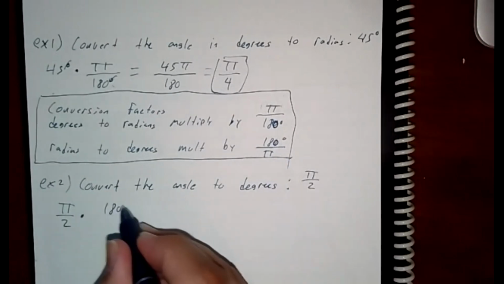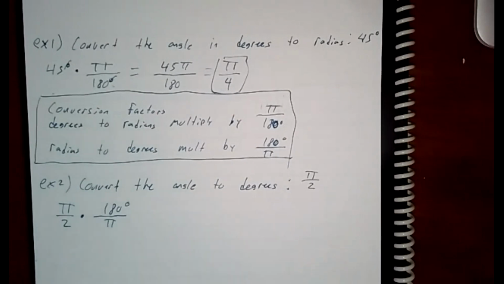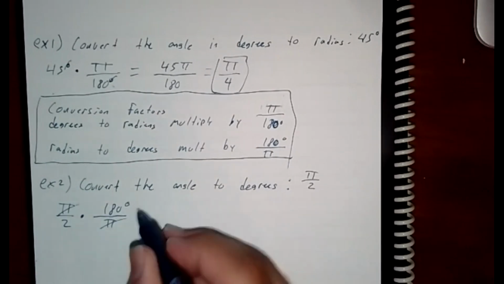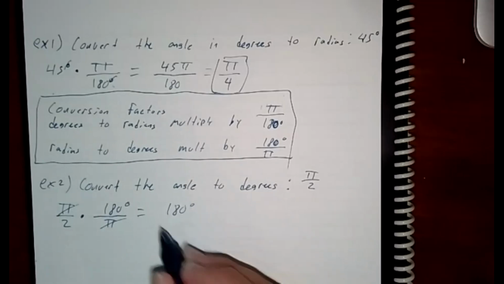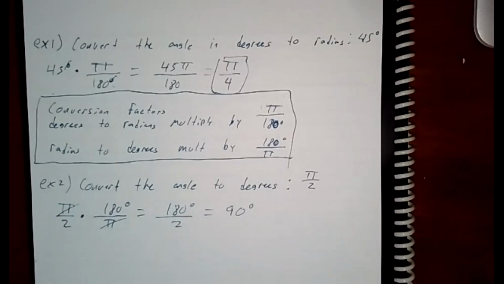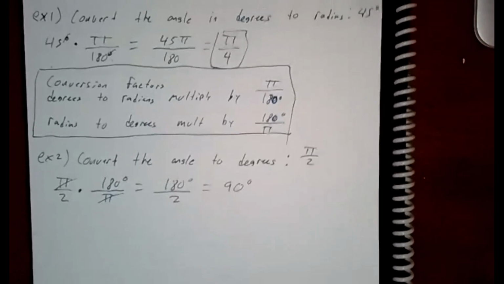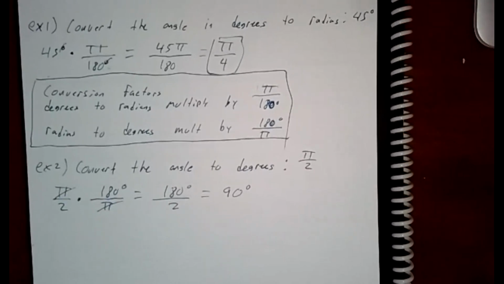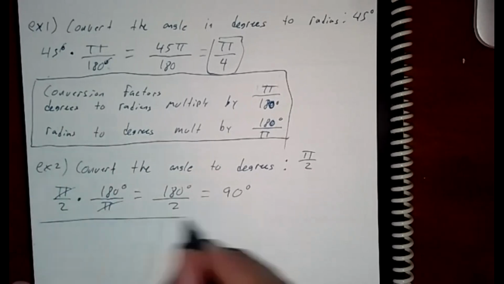I want to cancel the pi and be left with degrees. So these will be gone, leaving me with 180 over 2, which is 90 degrees. Not too bad, right? You have a few problems in your homework that just have you do conversions like this. The first few problems will be about definitions, so just look over the definitions in the book. But after the definitions, you'll have questions like this.